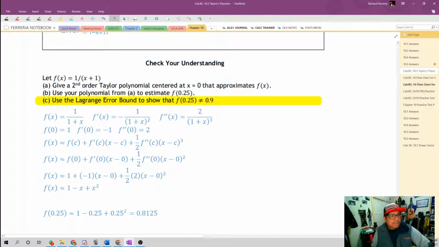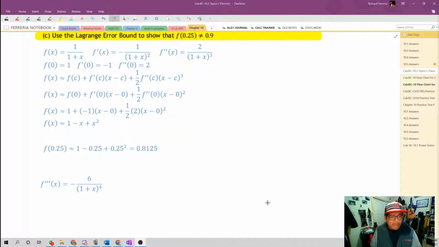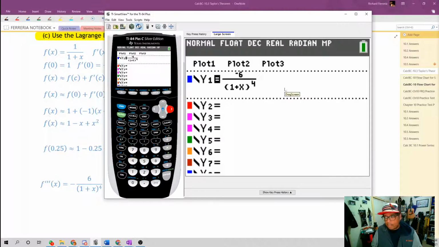Now the next step here is to use a Lagrange error bound to show that f of 0.25 cannot equal 0.9. So we're going to need the third derivative. And I'm getting that the third derivative is negative 6 over 1 plus x to the 4th power. I'm going to take that derivative and put it into y equals. Check my window.